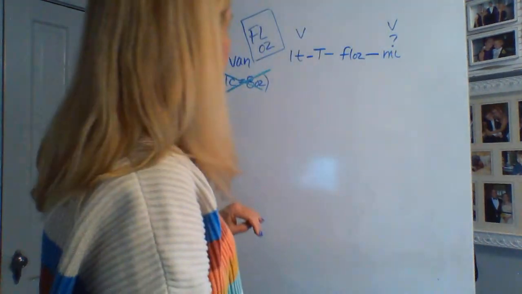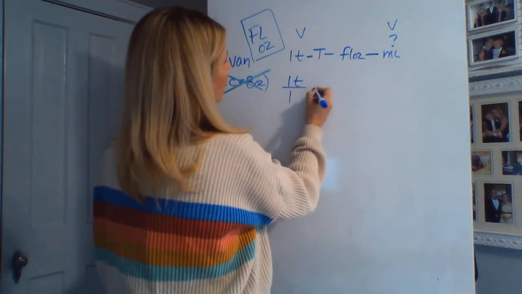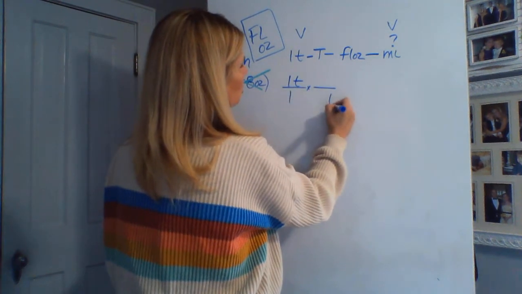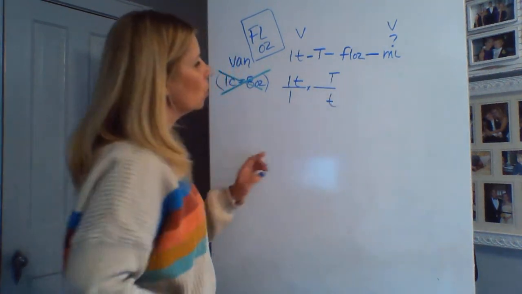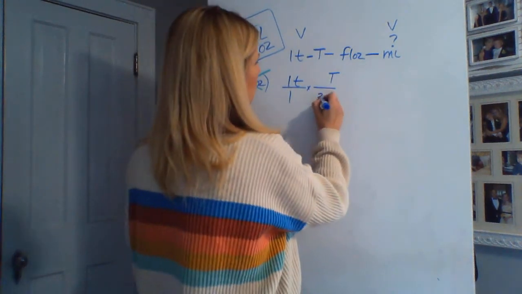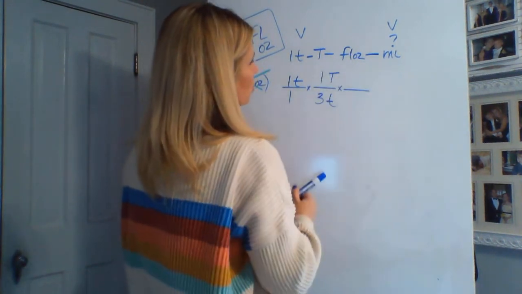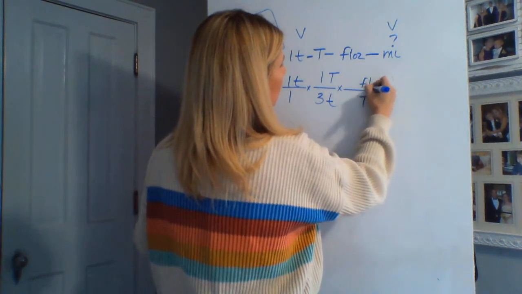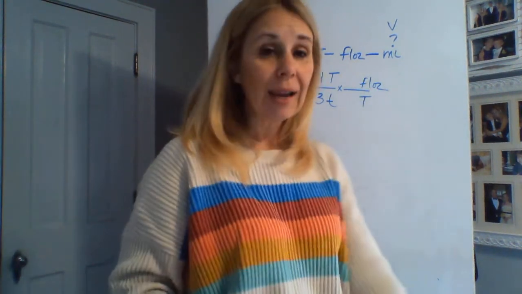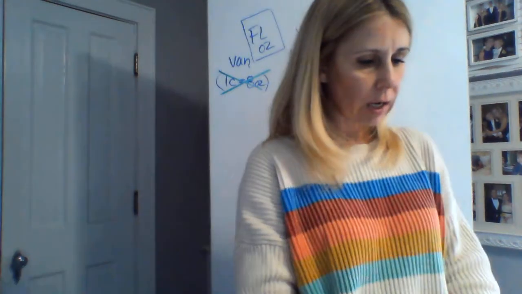So if we bring 1 teaspoon down, and then the step of the bridge tells us to bring this unit down here and this unit up here, we know that there are 3 teaspoons in 1 tablespoon. Now we keep going because we have 2 more steps before we're done. Now tablespoon comes down here and fluid ounce comes up here, and we can stop and ask ourselves, how many tablespoons are equal to a fluid ounce?